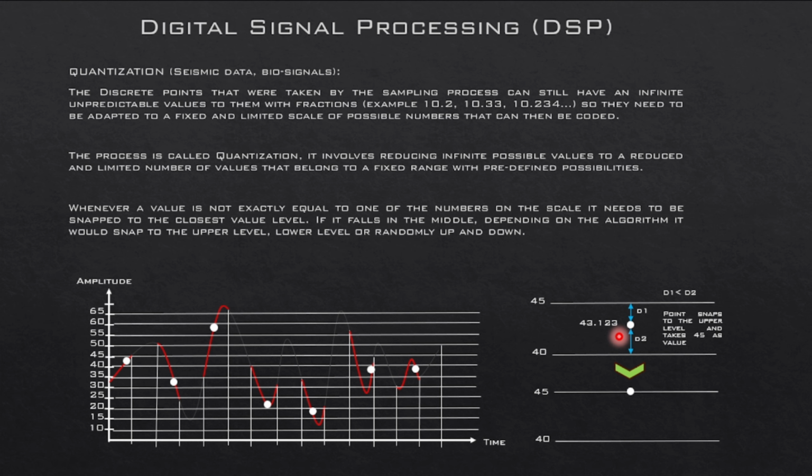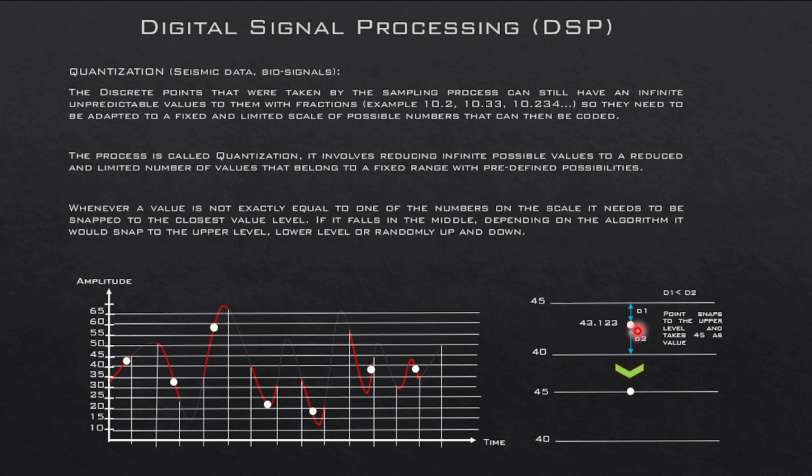And of course, the lower the distance between the upper and lower value, the higher the resolution would be. Why? Because we would reduce the error margin by reducing the distance between these two possibilities. Now, in such a case, you see here, by the way, that's why it snapped to level 45, because D1 is less than D2.